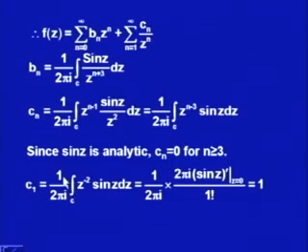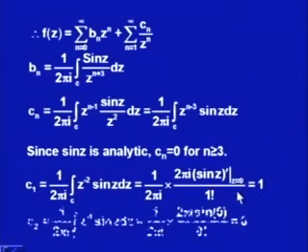So, c_1 is given by 1 upon 2 pi i integral of z raised to power minus 2 sin z dz, and this is equal to 1 upon 2 pi i into 2 pi i into the derivative of sin z divided by factorial 1. This is the formula which I will be making use of, and this derivative is evaluated at z equal to 0. If you simplify it, this and this get cancelled, and the derivative of sin z is cos z, which evaluated at z equal to 0 gives me 1.